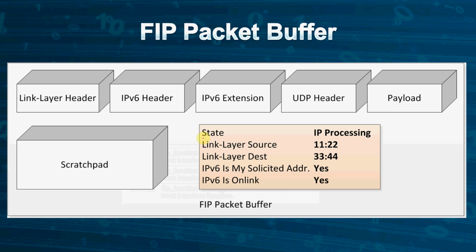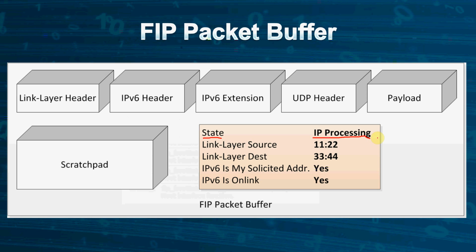One of the important ones is the state of the packet buffer. So here we have the state of IP processing. As I mentioned, FIP gets called in a loop, so it uses this state to track what's happening to each packet. For example, if we're receiving a fragmented packet, and this can be at the L2, the link layer, or at the IP layer, we can set the state of this packet as IP or link layer fragmentation in process. So FIP knows that we're waiting for more fragments to arrive.